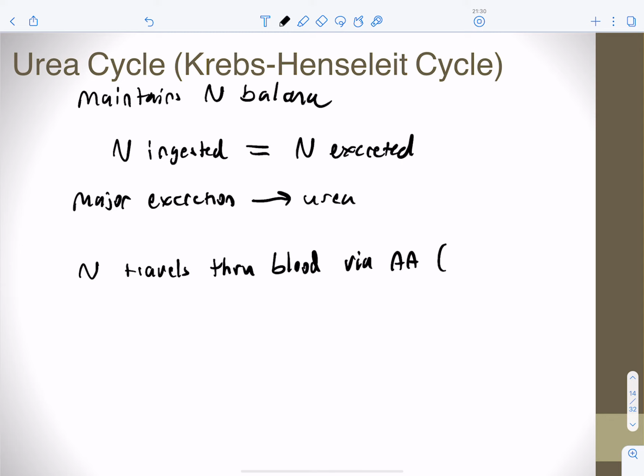This is going to be regulated. So it's a positive regulation by what's called an obligate activator. And this obligate activator is N-acetylglutamate.